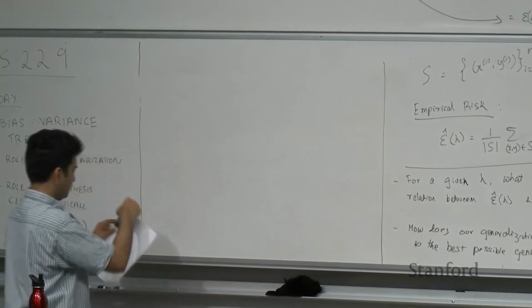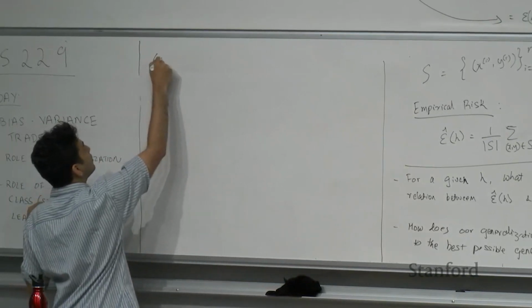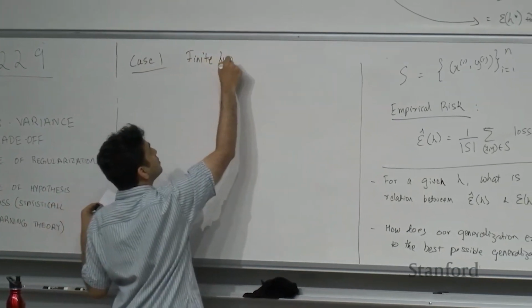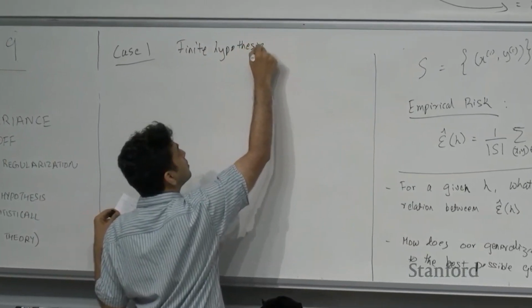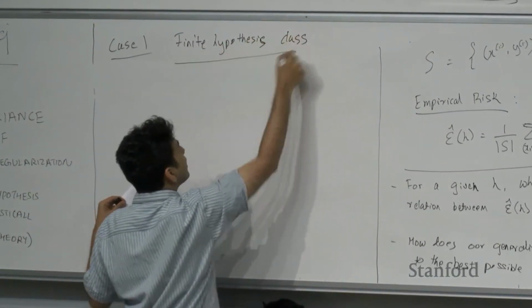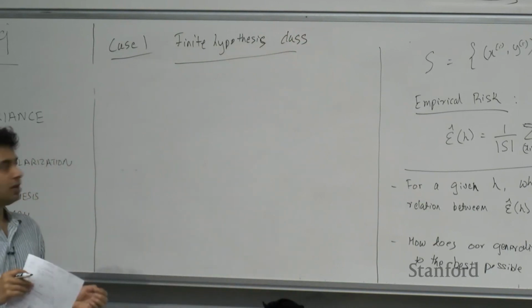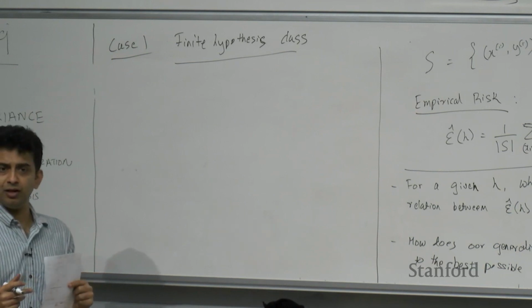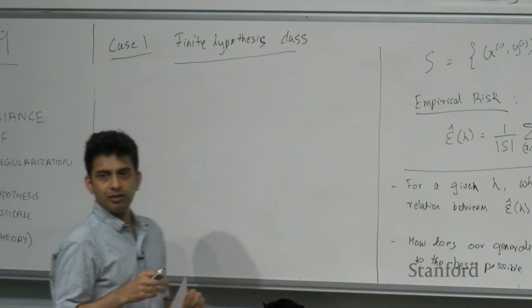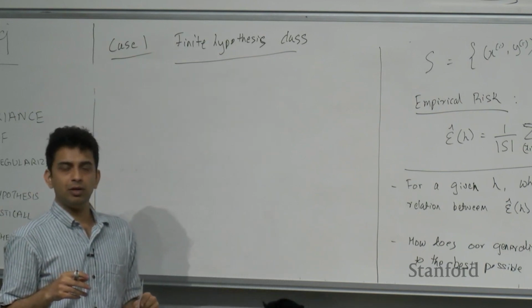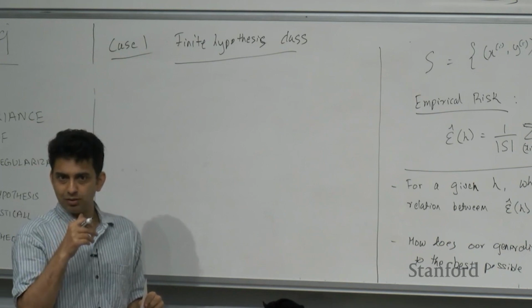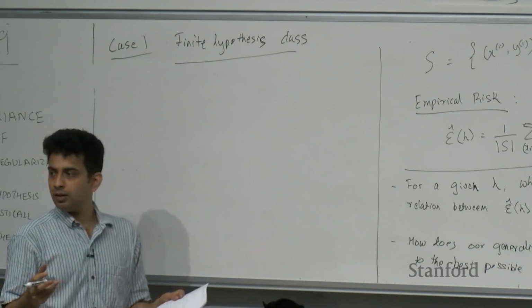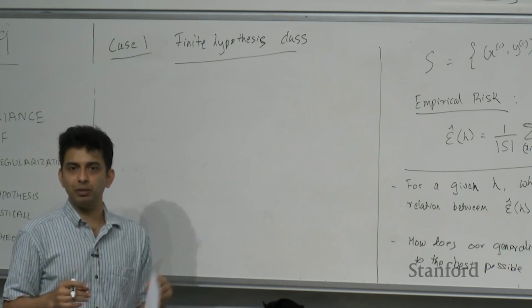Case 1, finite hypothesis class. So if we assume that we have a finite number of hypotheses in our class, which might seem very limiting at first, but if you think about it, if you consider logistic regression or say a neural network, you represent that neural network with its parameters stored in the computer memory, right?